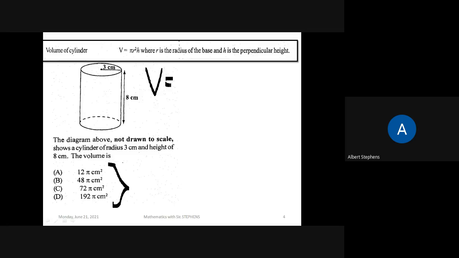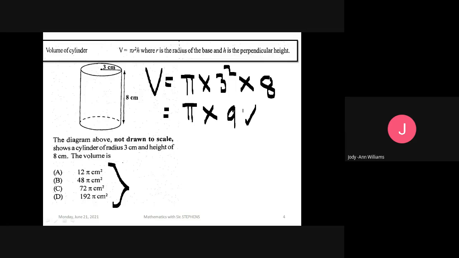So volume is equal to pi multiplied by r squared. The radius is 3, so that's 3 squared, multiplied by the height, which is 8. Now we know that 3 squared is 3 times 3, which is 9. So what we have is 9 times 8.